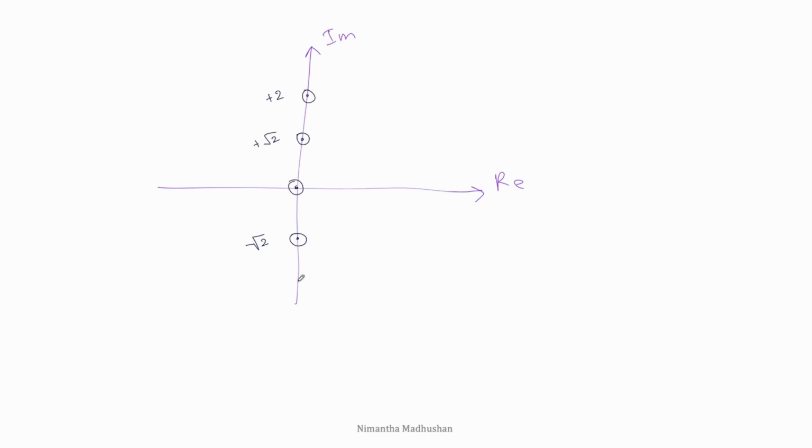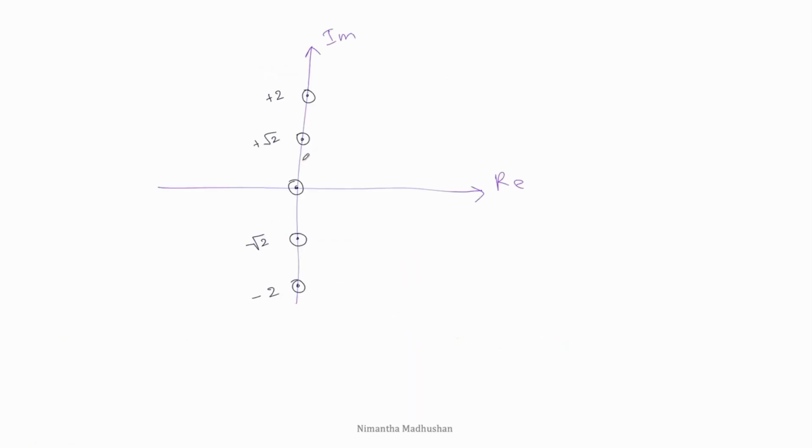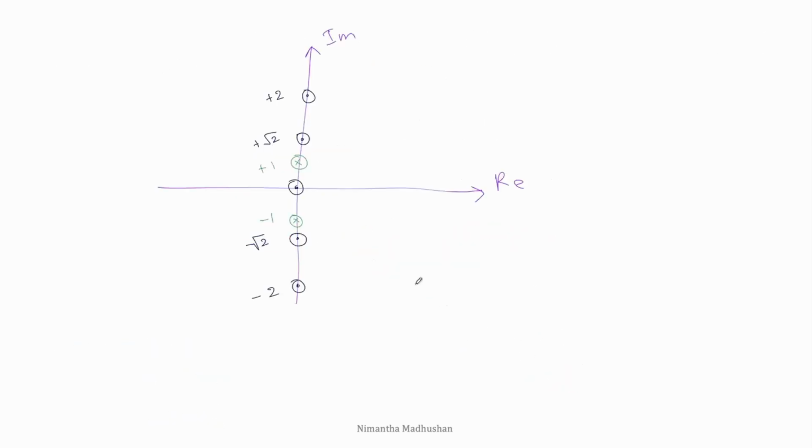Then we can plot the poles: s equals plus or minus j, which is plus 1 and minus 1, and the other pair is plus or minus root 3 j, somewhere here.